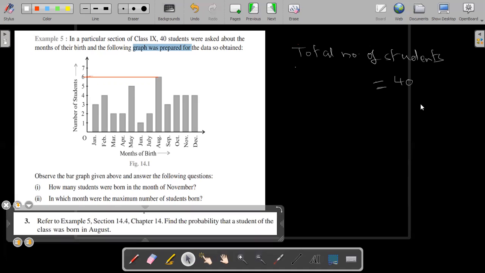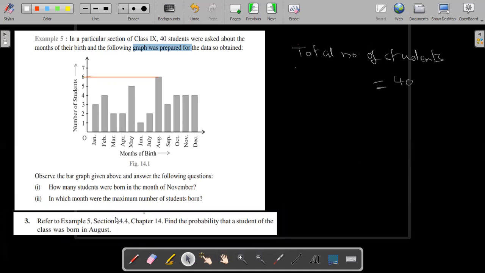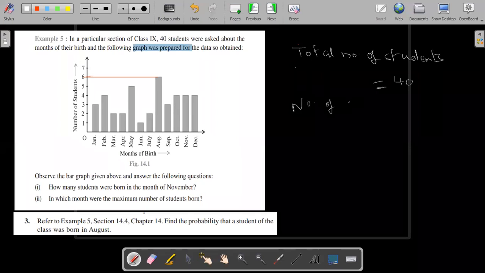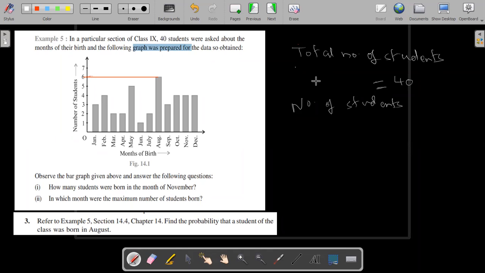So in the month of August, the number of students of class 9 born in August is 6.